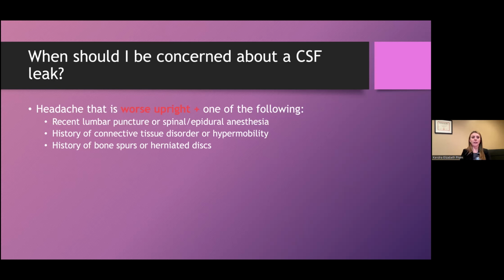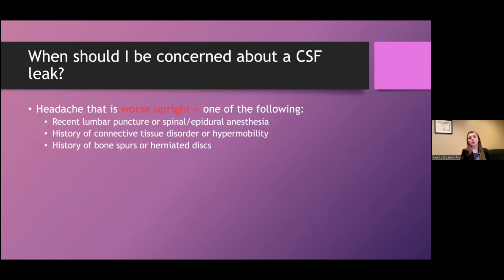And then you have had one of these potential risk factors, like you've had a lumbar puncture or spinal or epidural anesthesia recently, or you have a history of connective tissue disorders or hypermobility, or a history of bone spurs or other herniated discs, things like that.